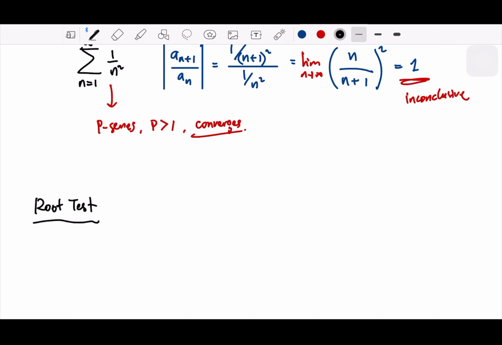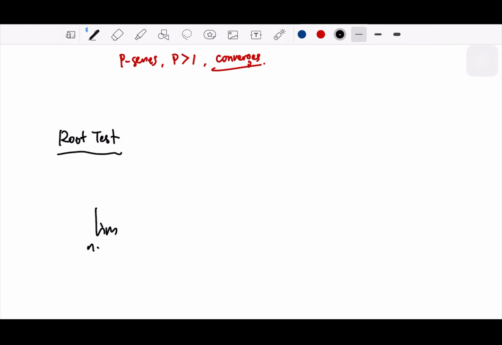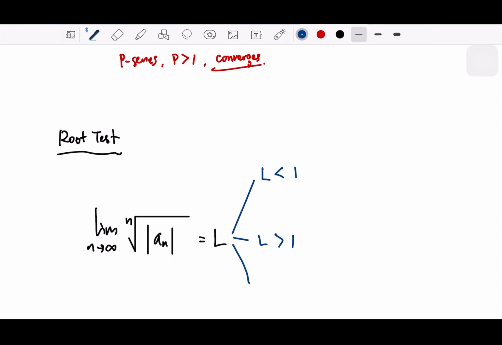The root test is more obvious than the ratio test, because the method is taking the nth root of a sub n, and you need to take the limit and get the result L. And this L, similar to the ratio test, can be less than 1, greater than 1, or equal to 1.